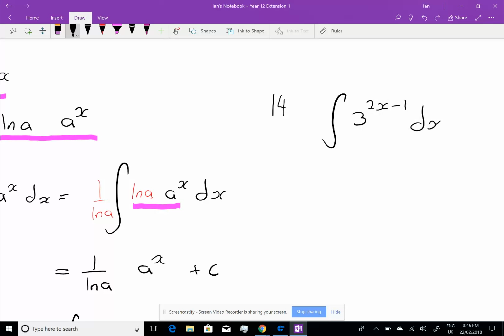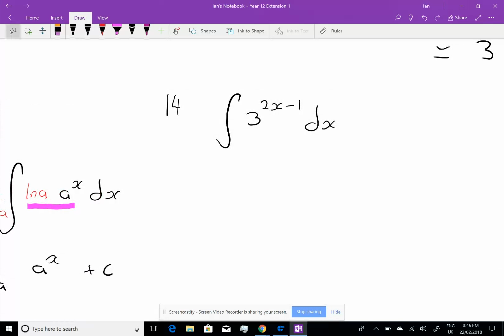Now I'm lucky, because what is up here is linear, so I'm going to do a substitution. I'm going to let u equal 2x minus 1.